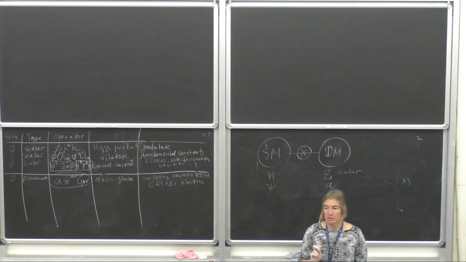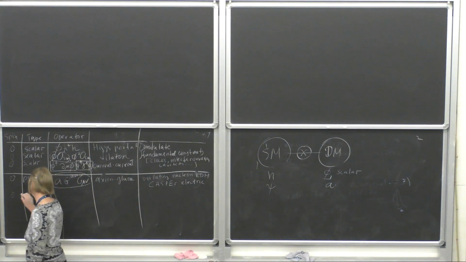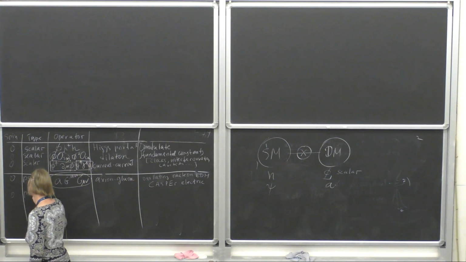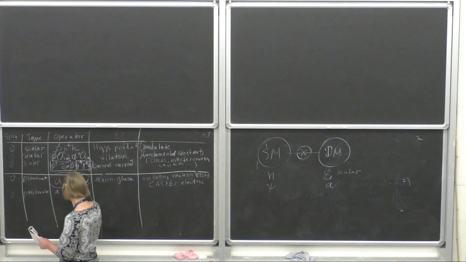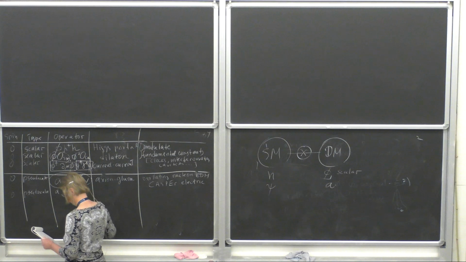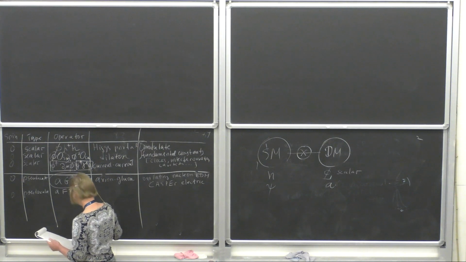And the next one is kind of the most favored one. It's when you're coupling a pseudoscalar to photons. This is the F F-dual one.